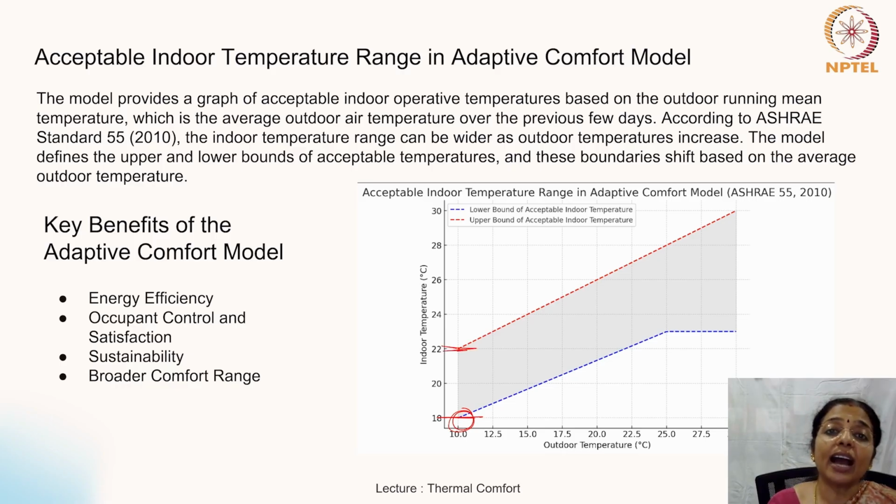At higher outdoor temperature, say when the temperature is 27.5 degrees centigrade, the acceptable temperature also increases. It ranges between 22.5 degrees to 28.5 degrees centigrade.